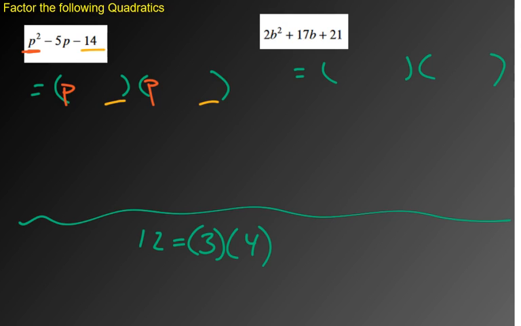And then the weird thing is you need to be able to add to this number right here. So this last part, you kind of have to think of two things at once. You have to think of what's going to multiply to this, right? When we do this out, it's got to multiply to that. But then when we combine like terms, what's going to add to this, right?